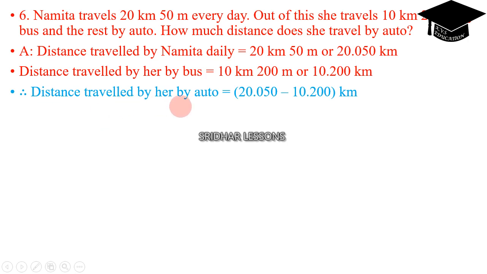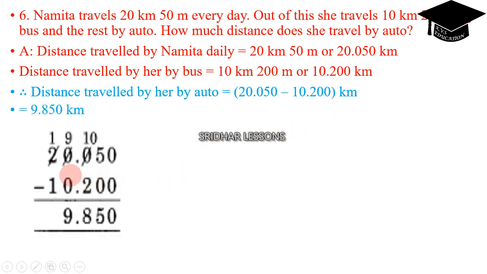Therefore, the distance traveled by her by auto is equal to 20.050 minus 10.200 kilometers. Twenty point zero five zero minus 10.200. If you make direct subtraction, you get the value 9.850.